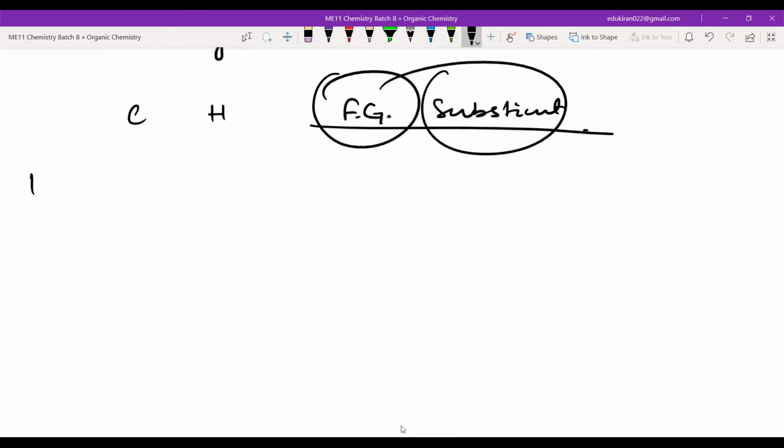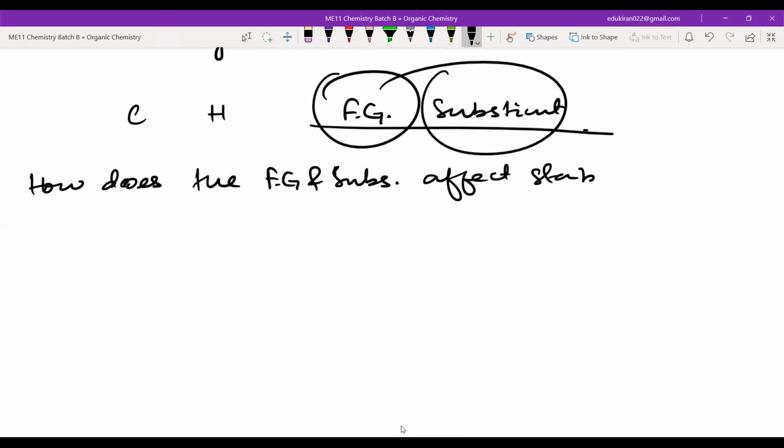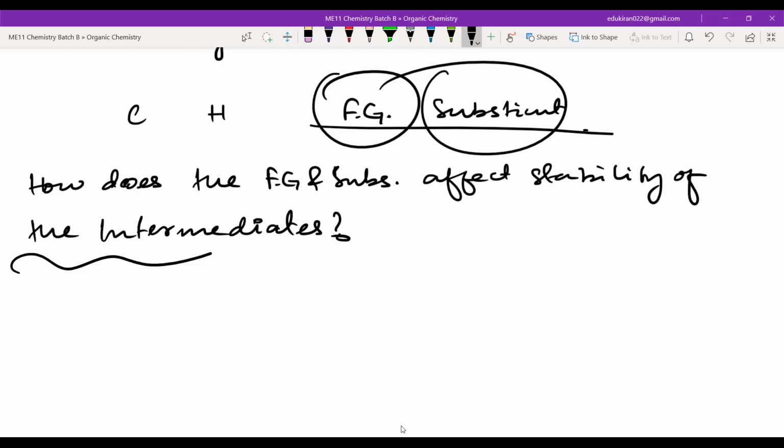So how do the functional groups and substituents affect the stability of the intermediates? Mainly, we have to answer this question.